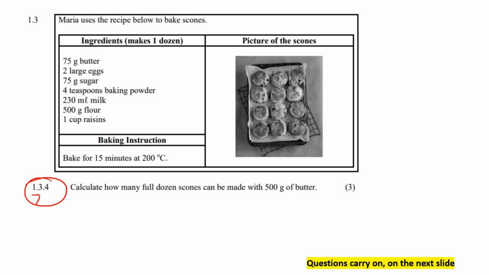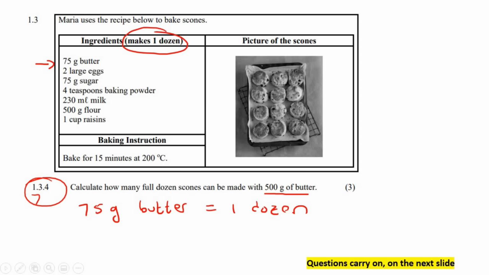This question says, calculate how many full dozen scones can be made with 500 grams of butter. We know that 75 grams of butter will give us 1 dozen. Now they want to know, if you have 500 grams of butter, how many dozens can you make?